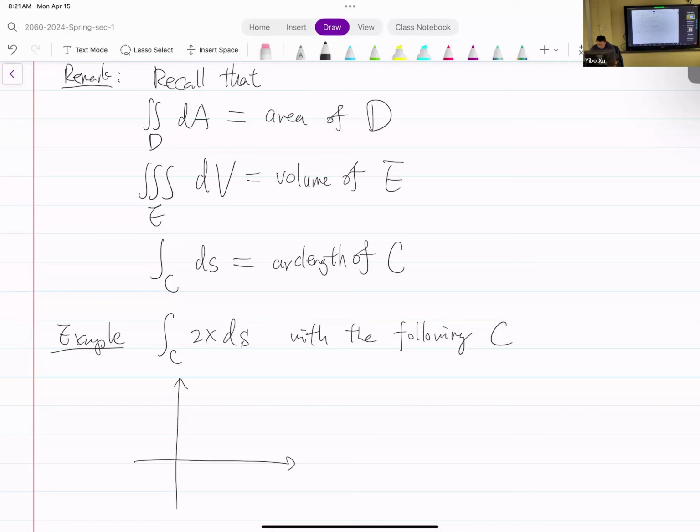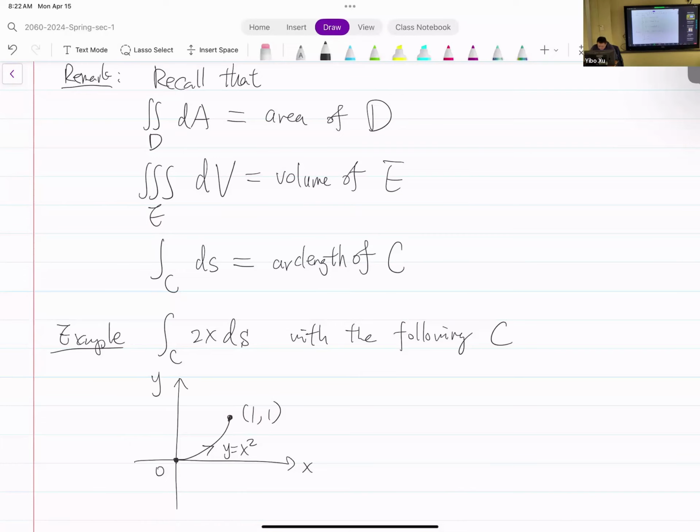In the xy plane, the curve C starts at the origin, and at the beginning it travels along the parabola y equals x squared, from the origin to the point (1, 1).